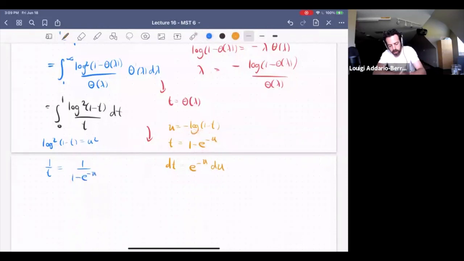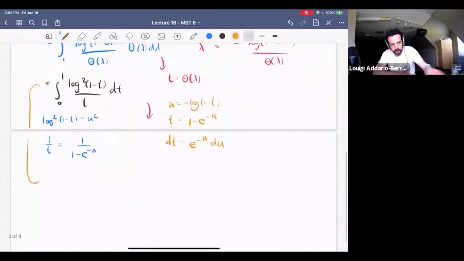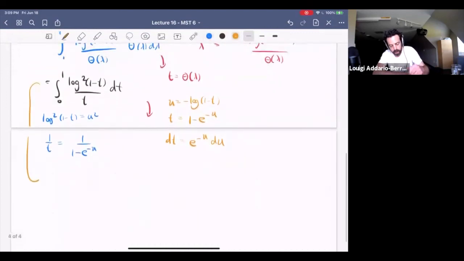And so then the whole integral becomes an integral now from, as t goes from 0 to 1, this minus log(1 minus t) goes from 0 to infinity. So we get the integral from 0 to infinity of u squared e to the minus u du on 1 minus e to the minus u.